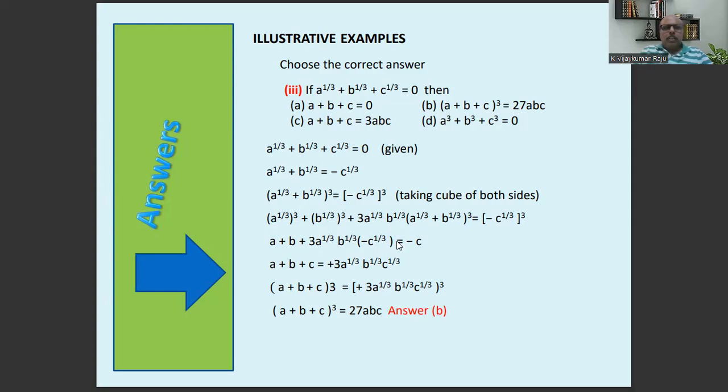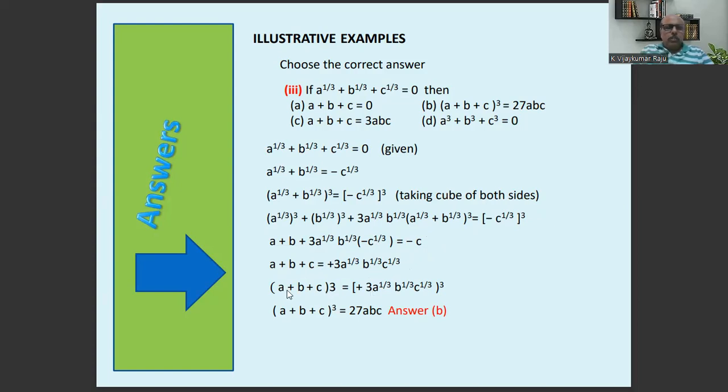Now the 3 will become only 3 times minus c. So now you see here, a plus b, plus minus c, bring it to this side, plus b is c. Because of this minus, it will be a negative term. All this will come to this side. So 3 a raised to 1 by 3, b raised to 1 by 3, c raised to 1 by 3.